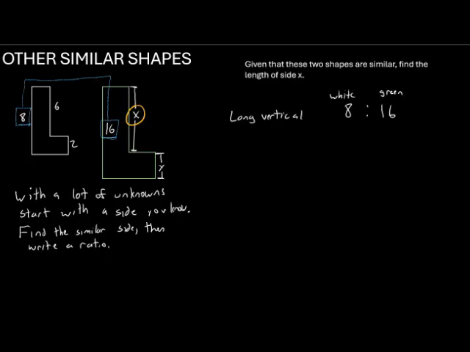Now we'll write another ratio involving our unknown X, which I've circled. We can see that that X is similar to the 6 on the left shape, because that's a shorter vertical side. So we can write another ratio saying 6 for the left, X for the right.